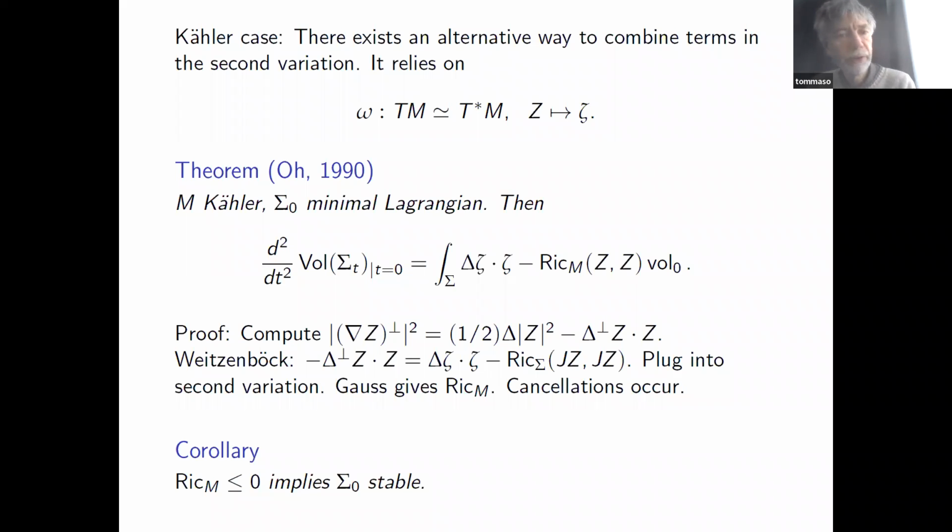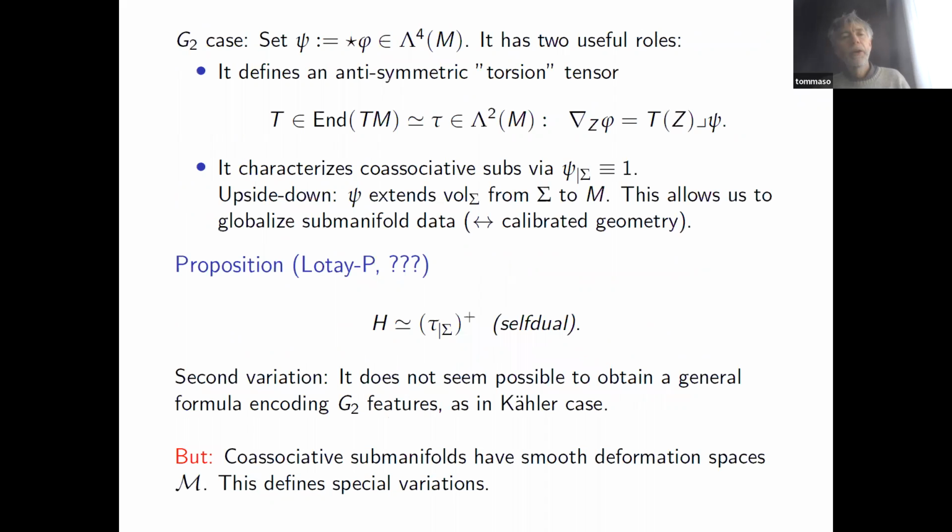So my question was whether there exists an analog of this type of formula in G2 geometry. So to discuss this, I'm going to slightly change our point of view and not talk about the 3-form, but I shall talk about the dual 4-form, the Hodge dual.